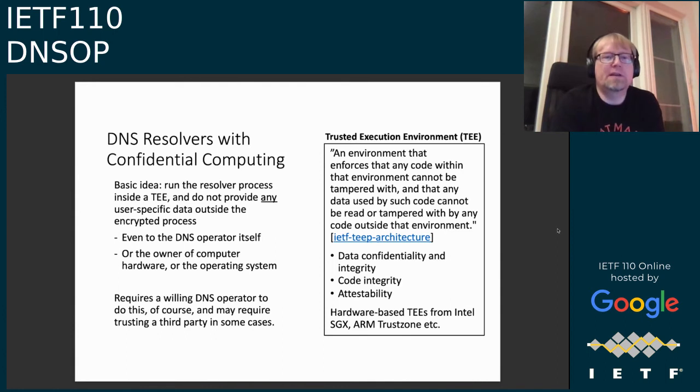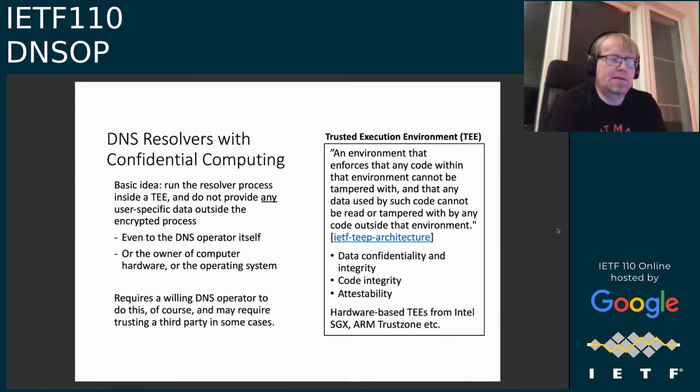So a basic idea is that we run the resolver process inside a TEE and don't actually provide any user-specific data outside this encrypted process. So we, on purpose, if we're the DNS operator, cut ourselves out of the stream of data relating to user-relatable events, at least. And the same is true of the owner of the computer hardware, if that's different from the DNS operator if you run in the cloud, and the operating system, of course, as well. And of course, this requires somebody willing to provide these services in this manner.